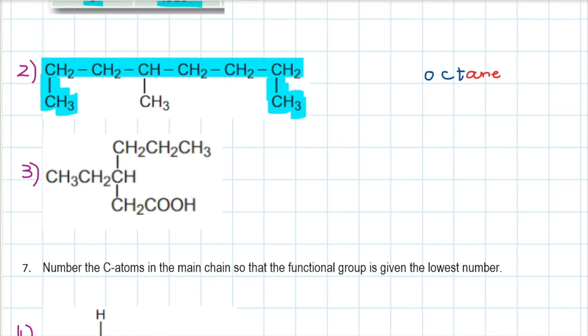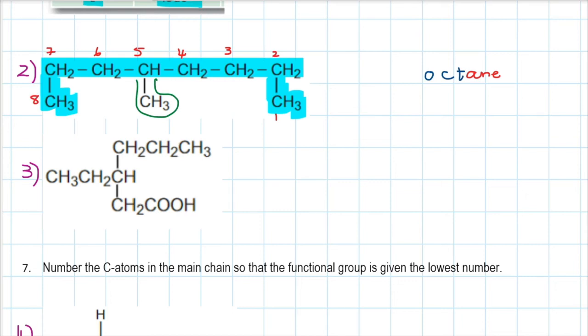Now we notice that in between we have a methyl group. We must not only name this methyl group, but state on which carbon it falls. So in order to do so, we need to number the carbons in the chain. If we number from the right, then we have carbon 1, 2, 3, 4, 5, 6, 7, and 8 like this.